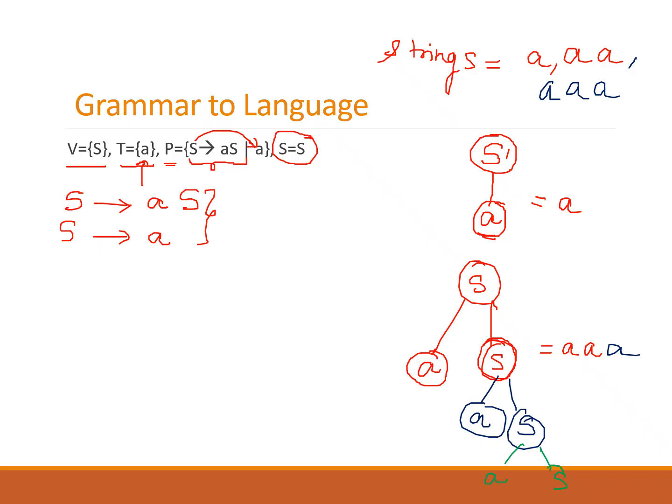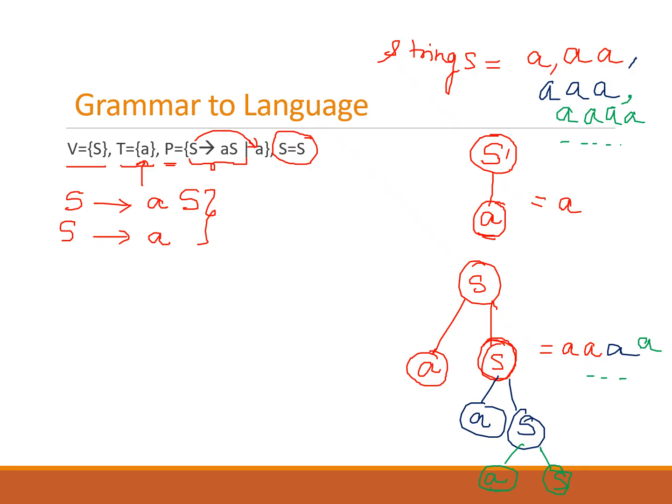And you see this AS is going on continuously and keeps adding one A to the previous string. So if we see this in terms of recursion, what are we doing?